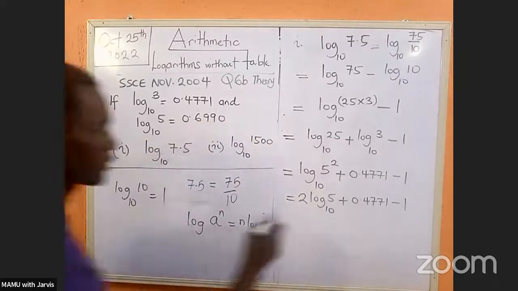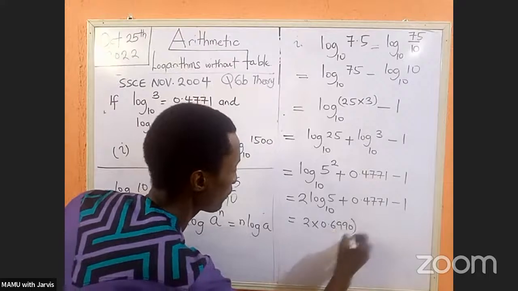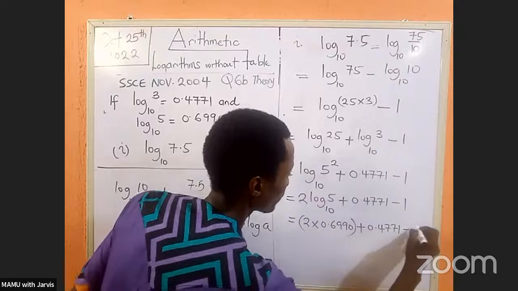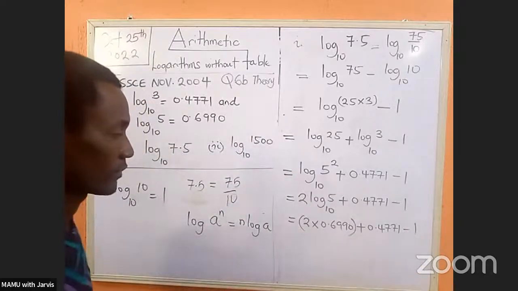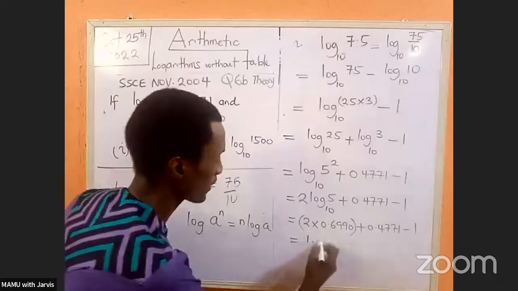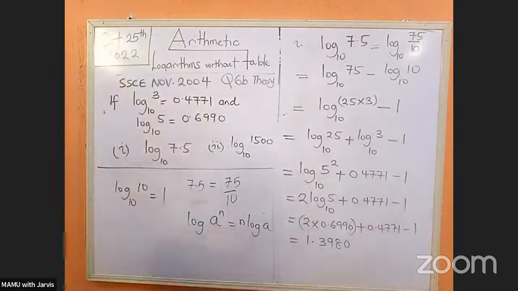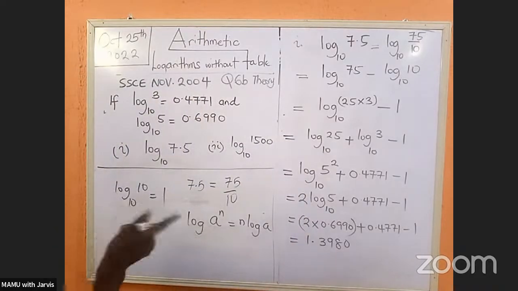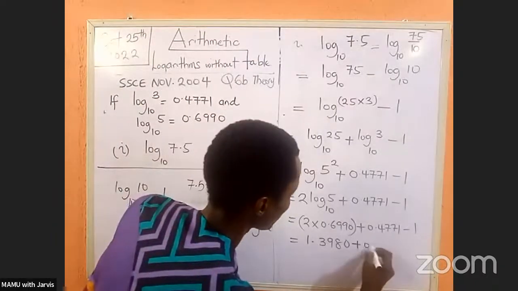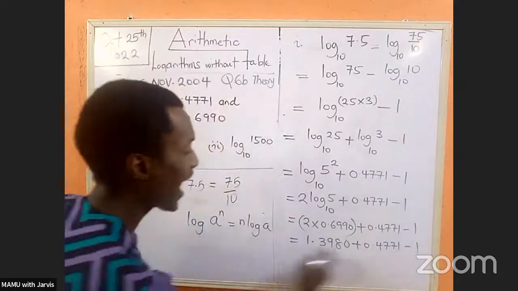What is log 5? 0.6990. So this will be 2 times 0.6990 plus 0.4771 minus 1. So I can multiply this one out. What will this give me? This will give me 1.3980. How did I get that? Let's see. I won't assume that I've done the right thing. Plus 0.4771 minus 1. So I can add these two together.